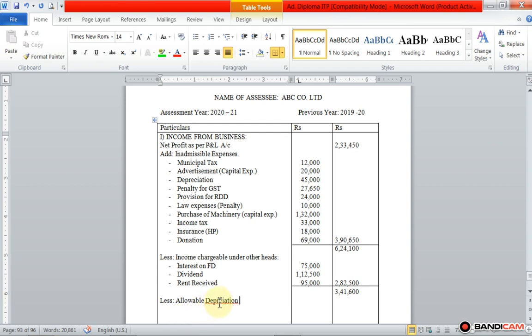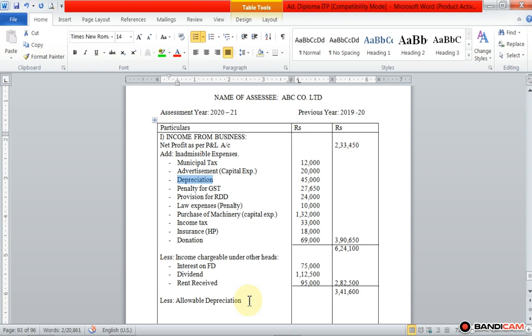Okay, allowable depreciation. Here we only deduct the difference. The answer is the same without adding the depreciation in net profit. Here we added the whole depreciation amount in net profit, 45,000. If we cannot add this 45,000 in net profit, then we deduct from net profit only the difference, that is 50,000 minus 45,000.